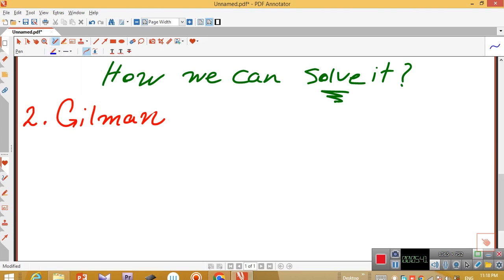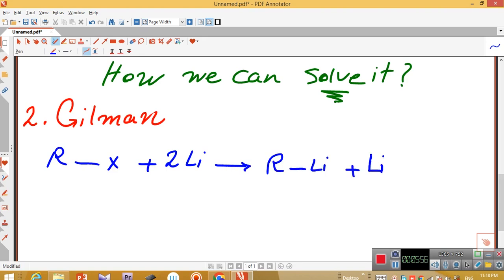Gilman told us, let's react one alkyl halide with two equivalents of lithium, and we will have our alkyl lithium along with lithium halide salt, or LiX. So, my friends, we will have here a metal-halogen exchange.